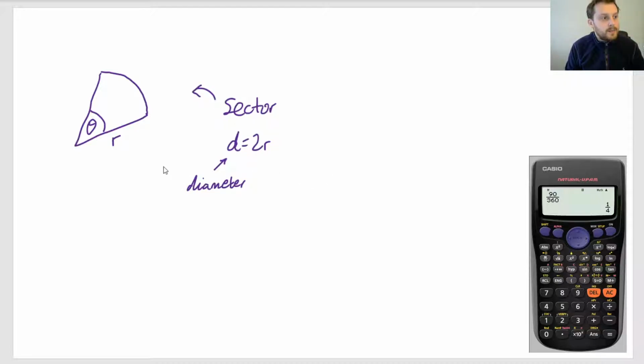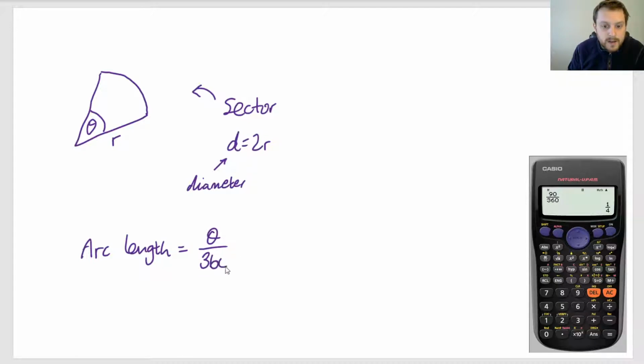So that's a sector with an angle there, and basically one of the formulas is arc length equals theta out of 360 multiplied by pi d, right? Because it's a proportion, it's a fraction of the circumference, right? Just remember the very important formula, c equals pi d.